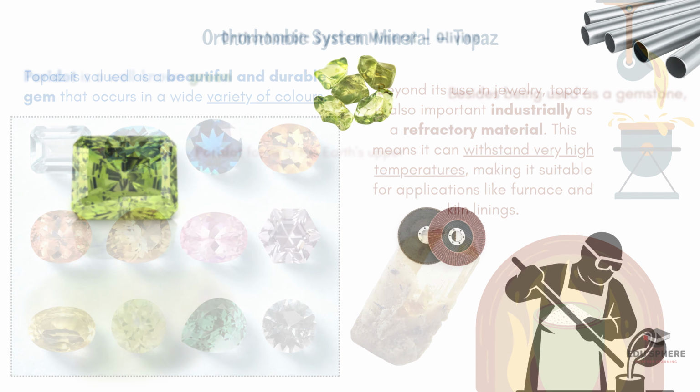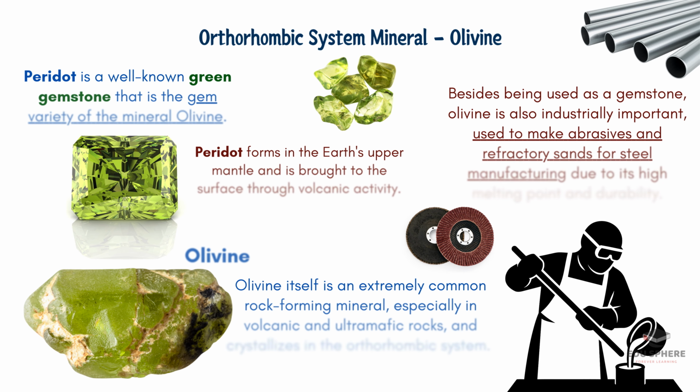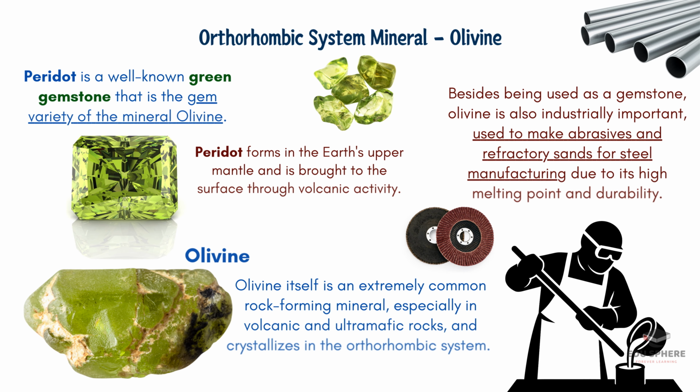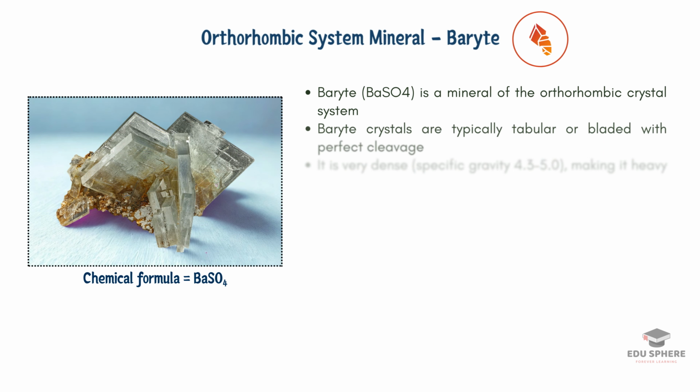Another famous orthorhombic gem is the beautiful green peridot, which is the gem variety of the mineral olivine. Olivine itself is an extremely common rock-forming mineral, especially in volcanic rocks. While its main use is as the gemstone peridot, it's also used to make abrasives and refractory sands for steel manufacturing. The type of mineral for this system is baryte.